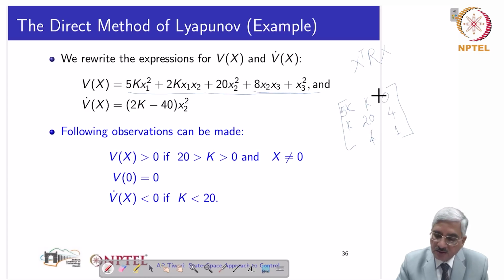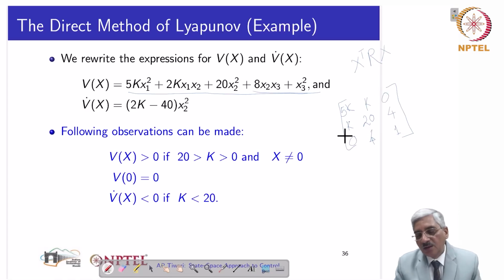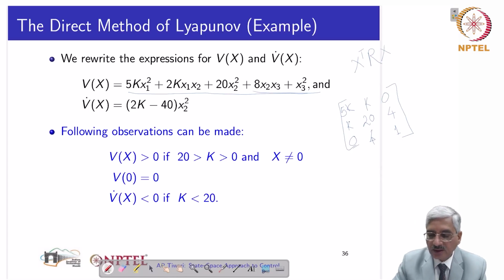And because there is no x1 x3, it gives a 0 here and 0 here. So I have carefully made it a symmetric matrix, which is required for R.